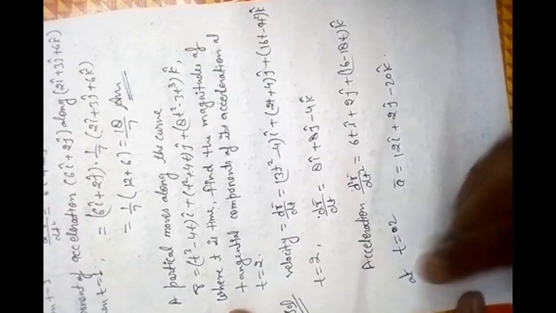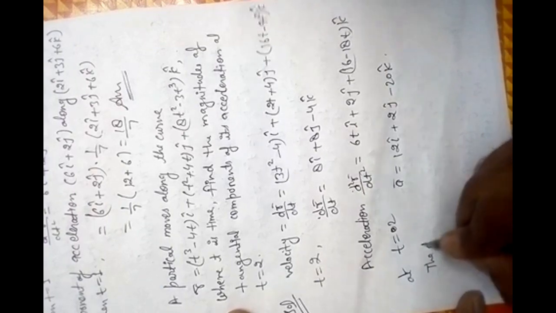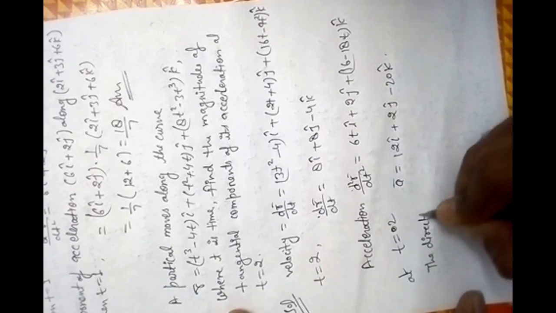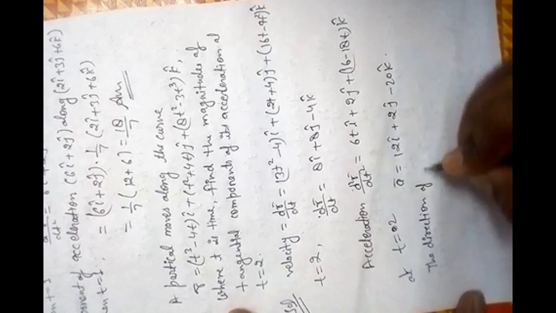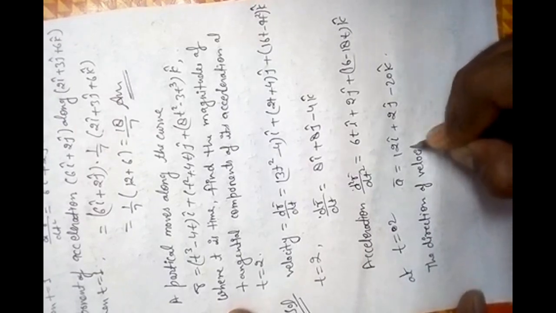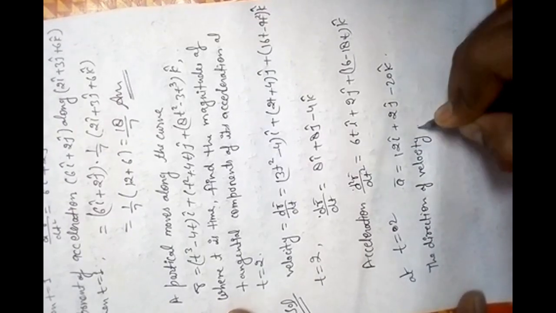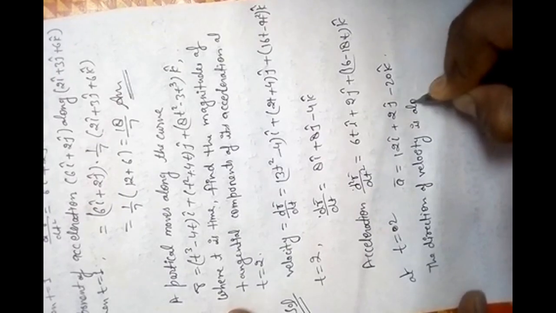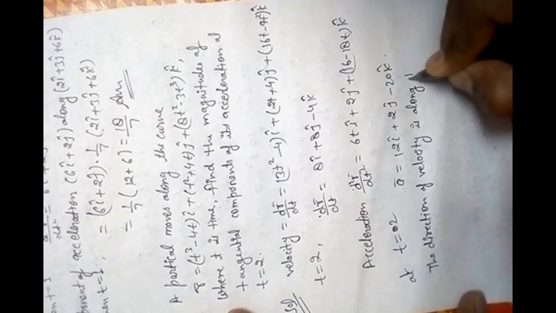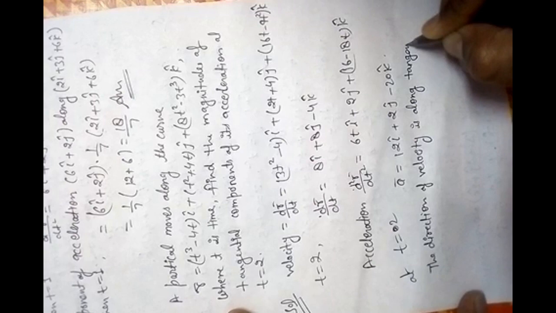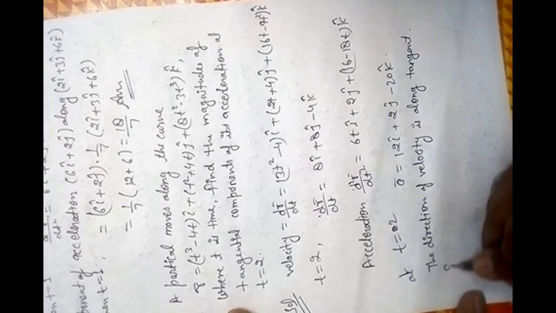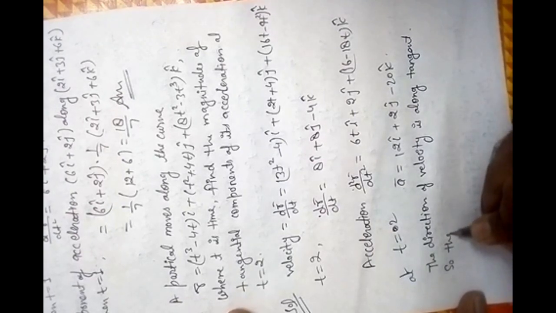Okay, the direction of velocity is along tangent, so the tangent vector is velocity.